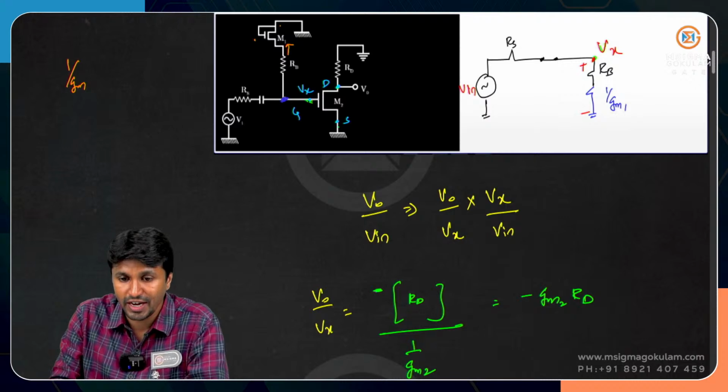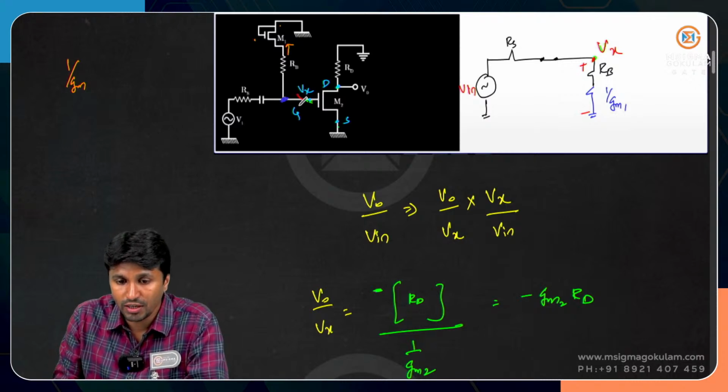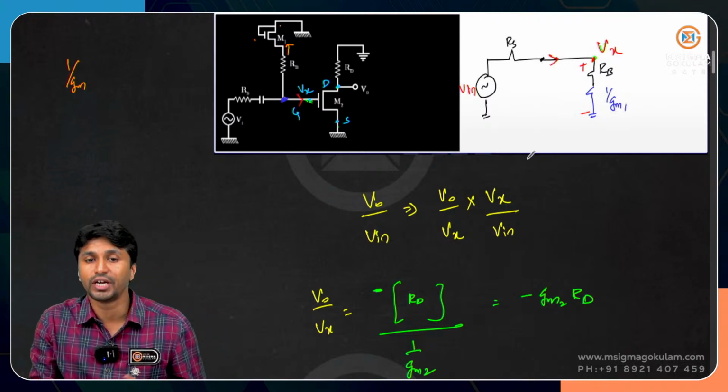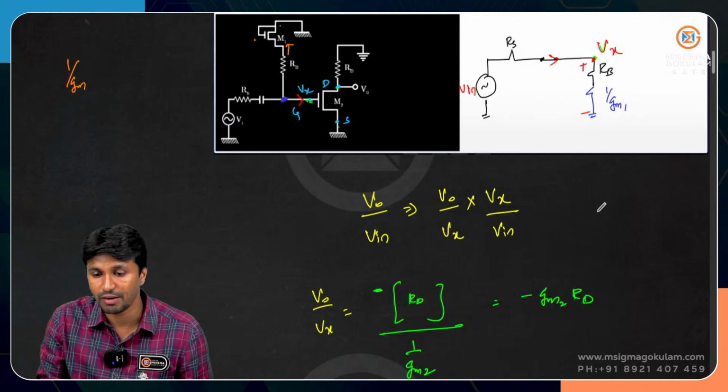We know that the current into the gate terminal is 0, so whatever current flows through this branch will flow through this branch, so you can apply the voltage division rule. So tell me, what is Vx by Vin?